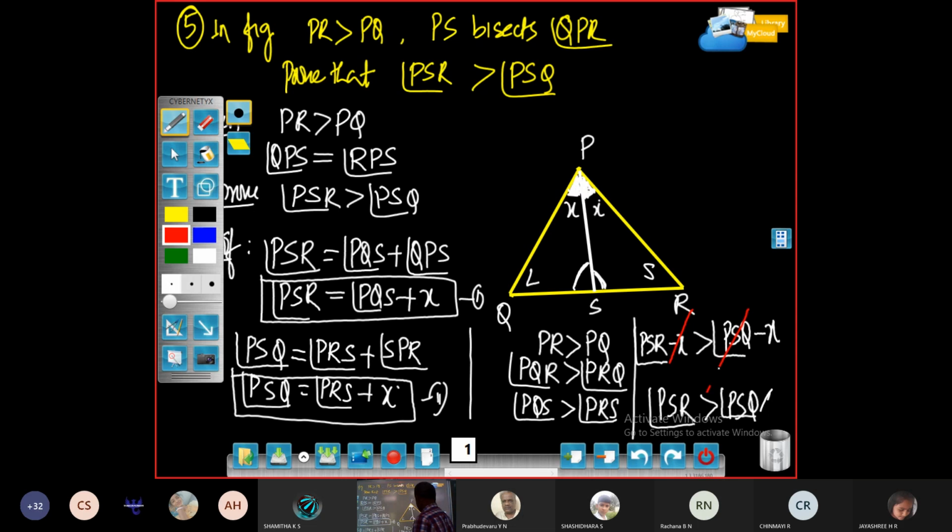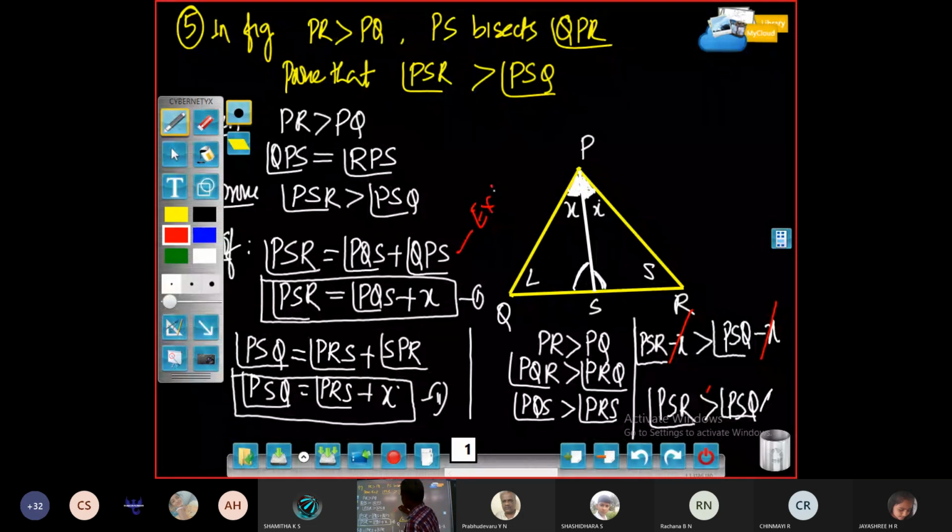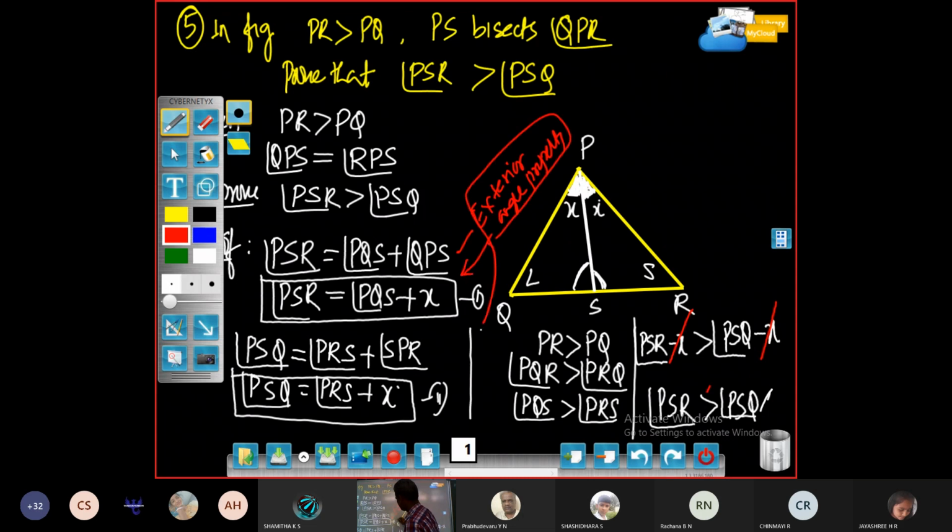X and X cancel. Whatever remains, you write on that side. Here, this is exterior angle property. You can write exterior angle property in both the places.